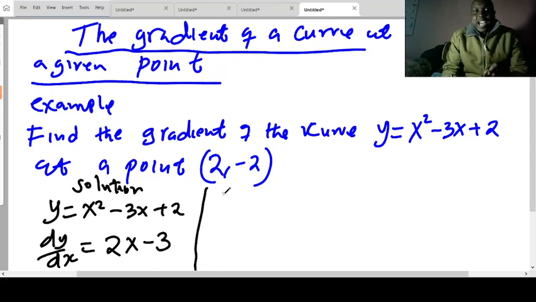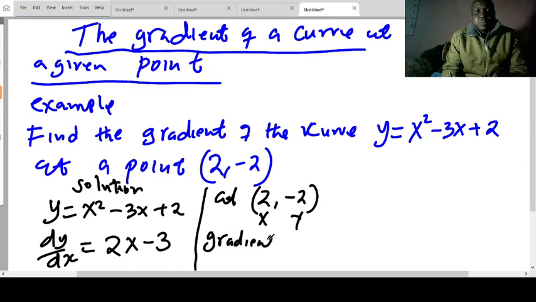Then you say at the point 2, negative 2, the first coordinate is x, the second one is y. So at this point, the x coordinate is 2. We substitute in our gradient function and find the gradient. So the gradient is equal to 2x minus 3.